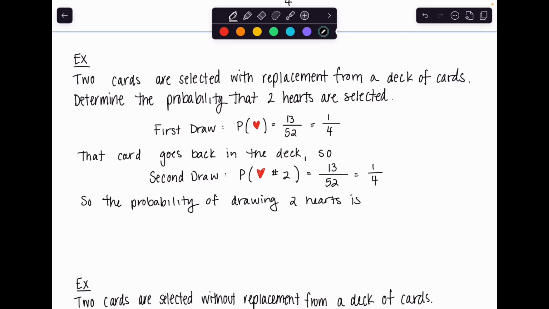is the following. My probability of getting a heart on that first draw and then a heart on the second draw is the probability of getting a heart on the first draw. So I'll call that heart number 1. And we'll go ahead and even add that back up here.